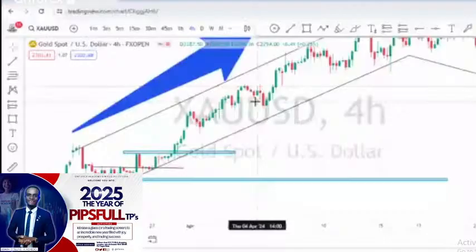No. Market wey dey uptrend, when e wan reverse to downtrend, na the move wey e move na we go dey know say this market don dey reverse to downtrend, we are not to buy again. So even if you see the sell for market wey dey uptrend, you no go dey enter buy again.